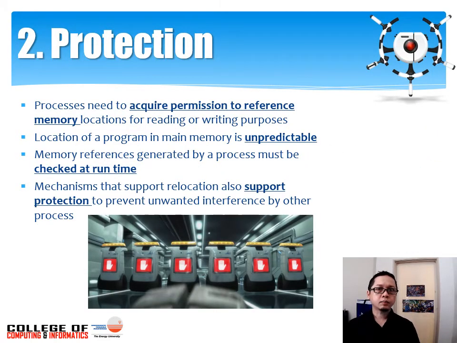The second requirement is having the protection capability, in order to protect the use of memory space by processes. Before a process can accommodate a certain memory block or space that is free, it needs to get permission from the operating system, and then it can only use the memory block that is free.